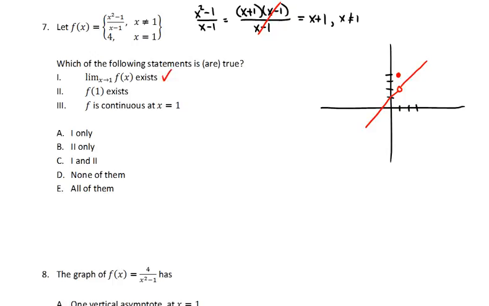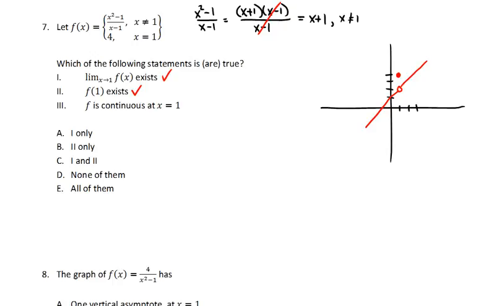f of 1 exists means that the function is defined at x equals 1, and that value is 4. But part 3 says f is continuous at x equals 1, and that is not true. f is not continuous. I couldn't draw that curve and the point at (1, 4) without picking up my pencil.